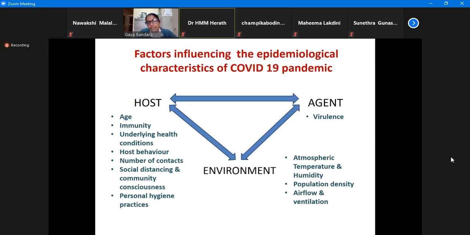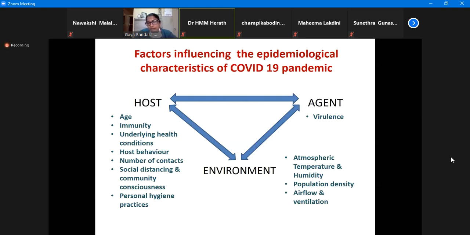So the agent factors, virulence of the virus is the most important agent factor identified so far. It's a very contagious virus. And among the environment factors, there are hypotheses suggesting that atmospheric temperature and humidity plays a role in disease transmission. If you look at the geographical distribution of the disease, you can see that it is more rapidly spreading in countries in the temperate zone.